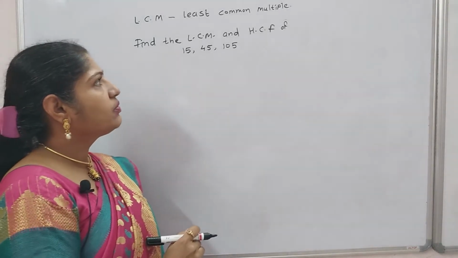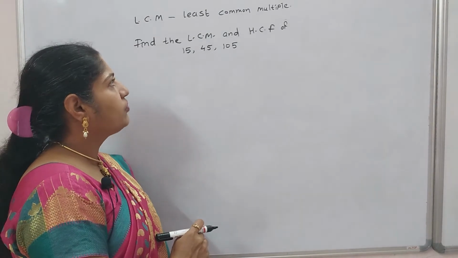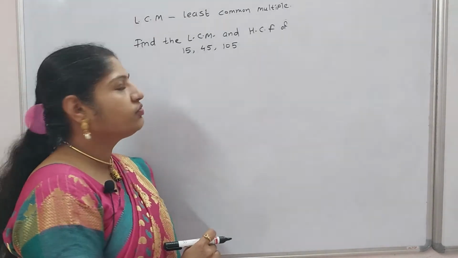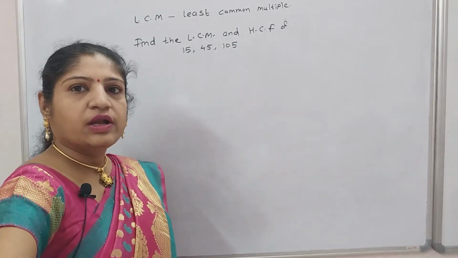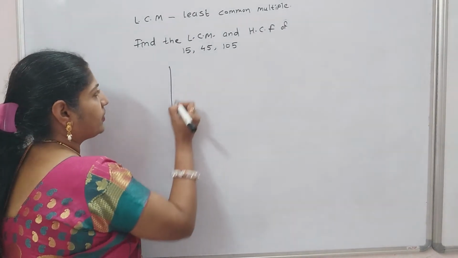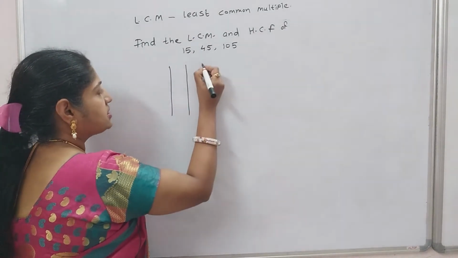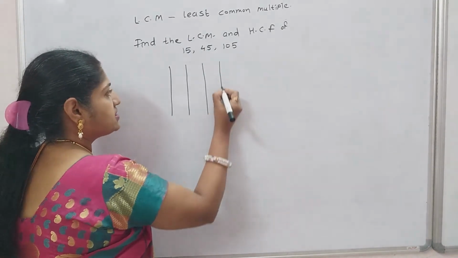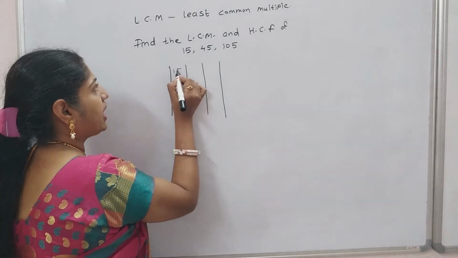Find the LCM and GCF of the following numbers: 15, 45 and 105. Now we factorize three numbers at a time. This is another method.